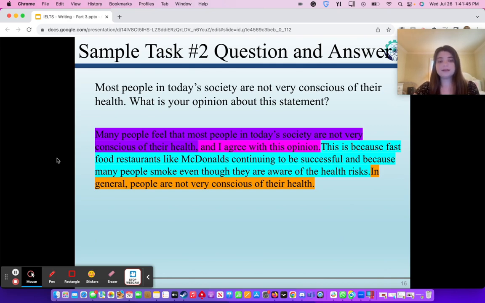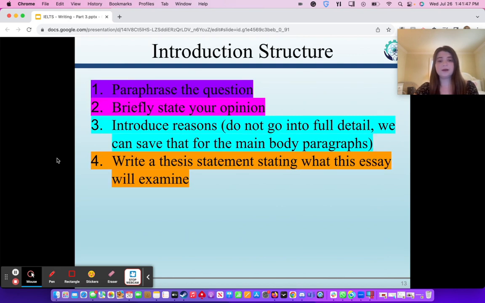So, the main purpose of today, the main thing I want to make sure everyone understands is to, when you do your introduction, make sure that you include all of these things, but especially a thesis statement, because if there isn't a thesis statement or it's not clear to the examiner what your thesis is, what it is you're arguing, then that's going to make the body paragraphs that much harder, right?